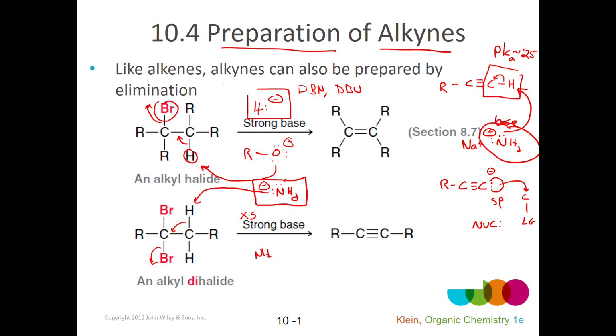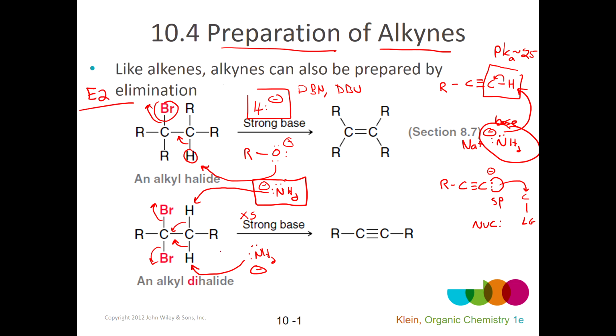And then another molecule would kick off the other beta proton, push electrons in and push out the leaving group that's anti-periplanar to it. And that will introduce two new pi bonds into the space between where those groups were eliminated. So this is an elimination reaction. It's an E2.